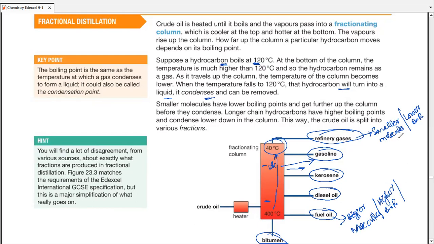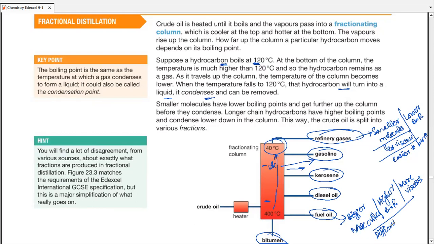For example, these are going to be less viscous and easier to burn, and at the same time, these are going to be more viscous, and of course, difficult to burn.